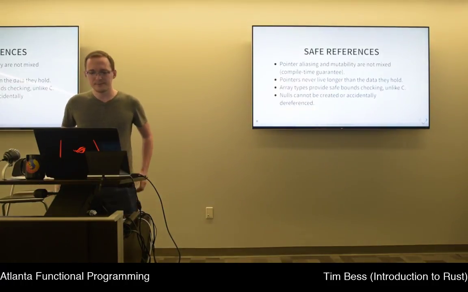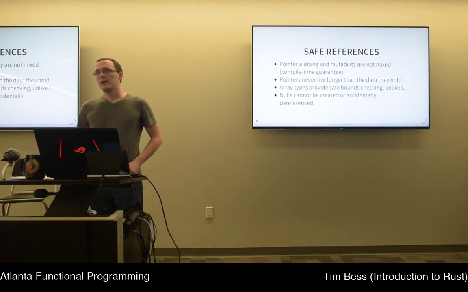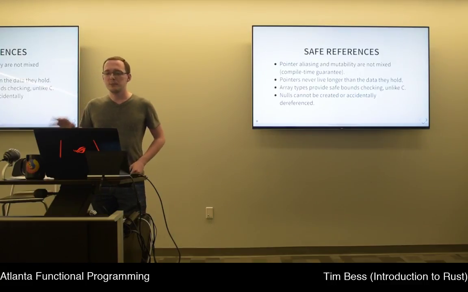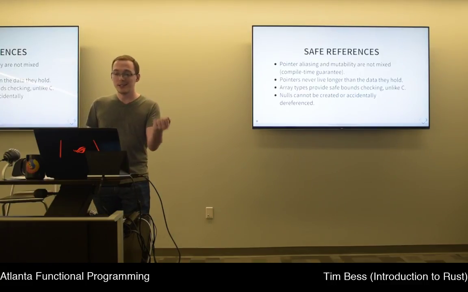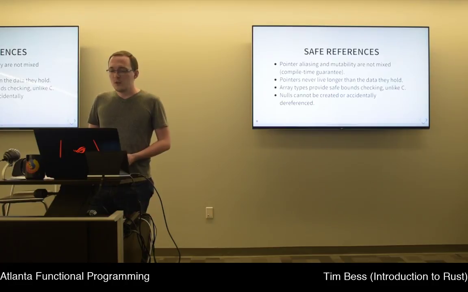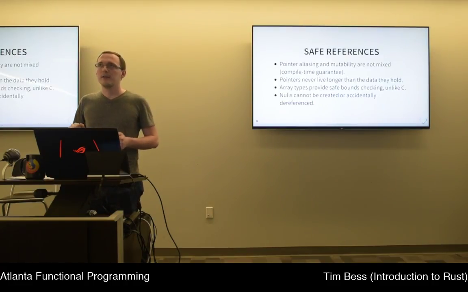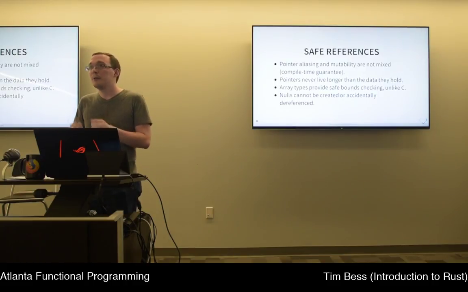So there are a couple ways that pointers can be unsafe. A lot of times unsafety comes into play when you have pointer aliasing and mutability. Aliasing just means you have multiple pointers to the same thing, right? And when you have lots of pointers to the same memory and all of them could be mutating it, you have lots of potential for bugs and mistakes.